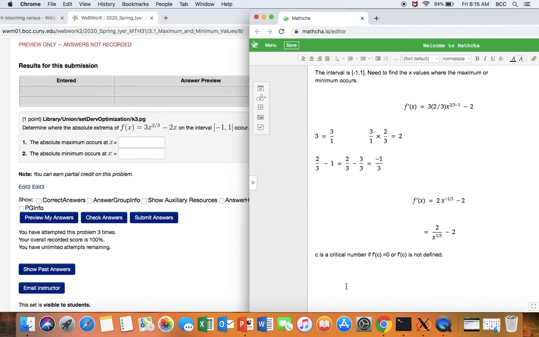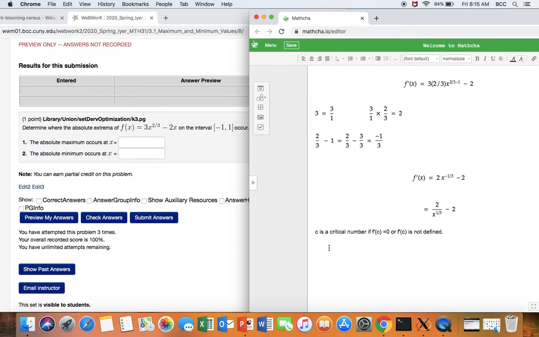Okay, one part is easy. f prime x is not defined when x equals 0. Look at that, you have a denominator. So that gives me one critical number.